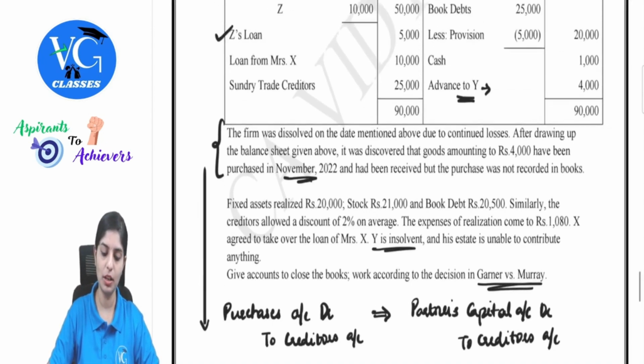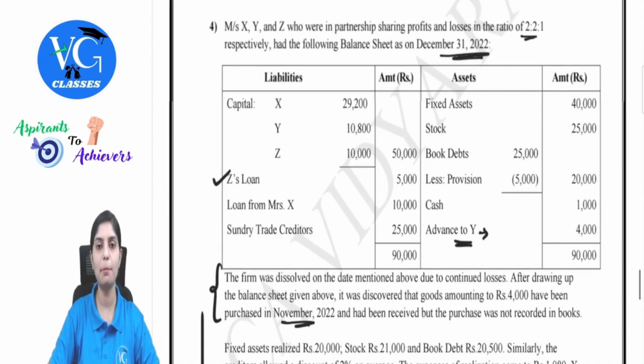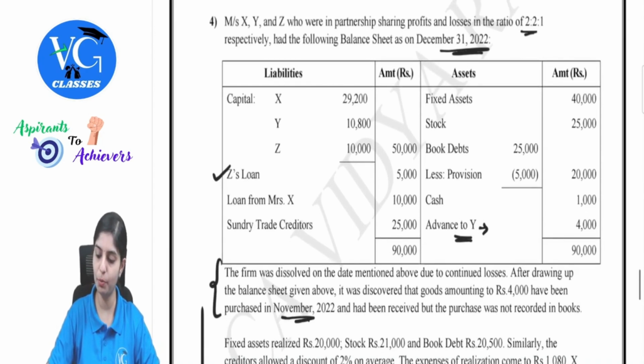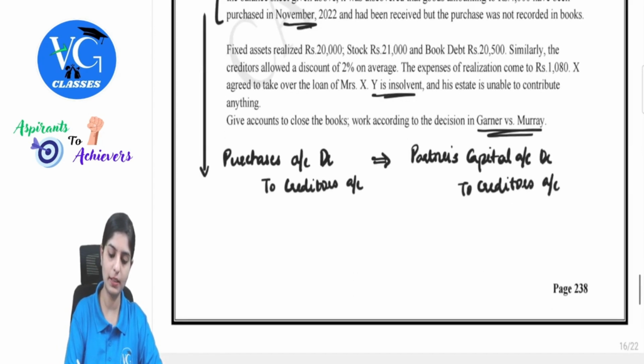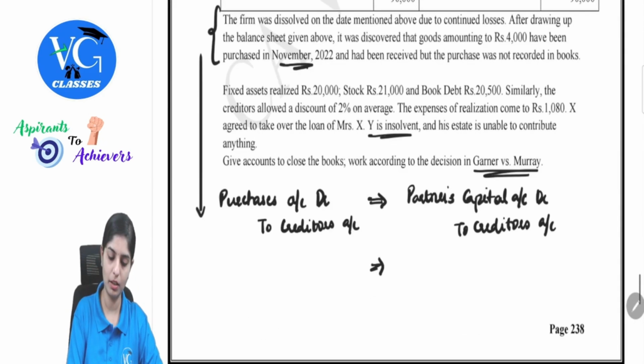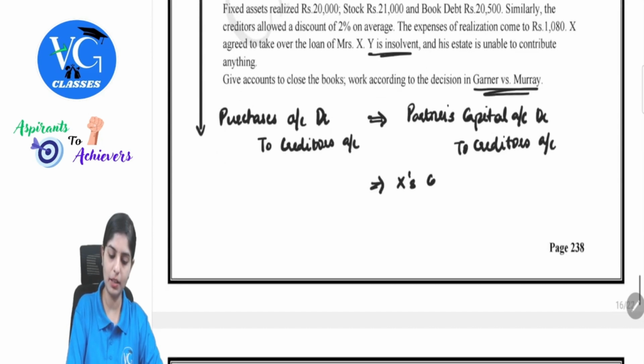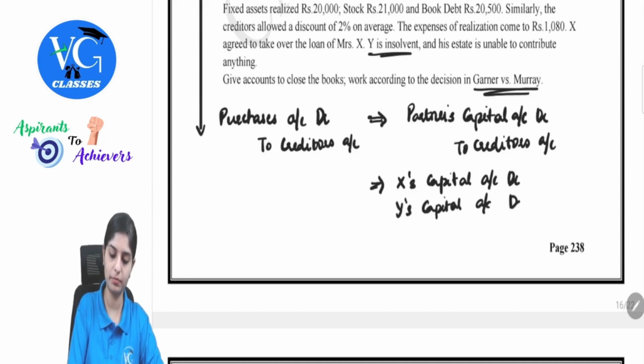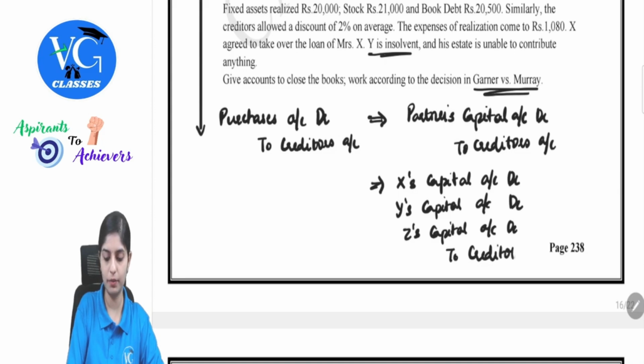Now this 4,000 will be taken away in their profit sharing ratio of 2:2:1. So the actual entry for this will be X capital account debit, Y's capital account debit, Z's capital account debit to creditors account.